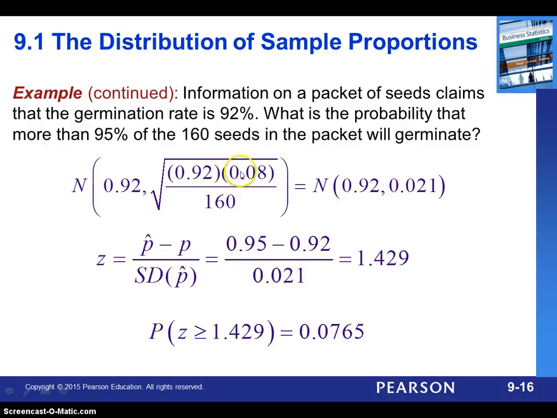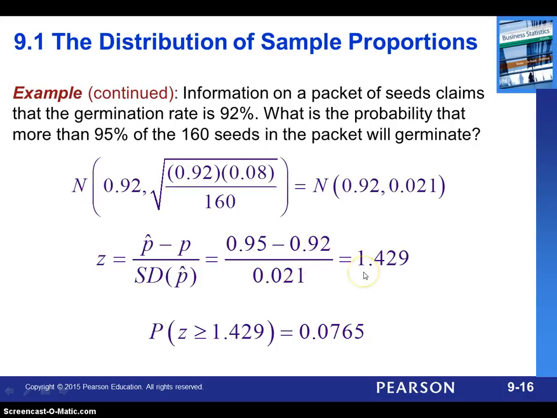Now what we want to ask is, what's the probability that more than 95% of the seeds will germinate? So now our value of interest is 95%, that's our p hat, minus what we believe the true proportion of germination is, which is 0.92, divided by the standard deviation, 0.021.